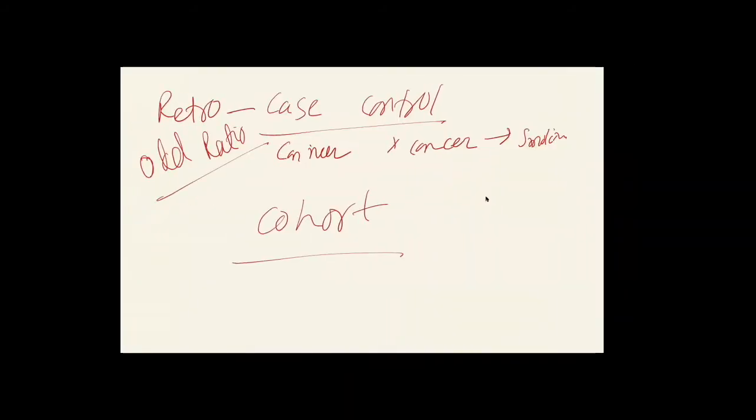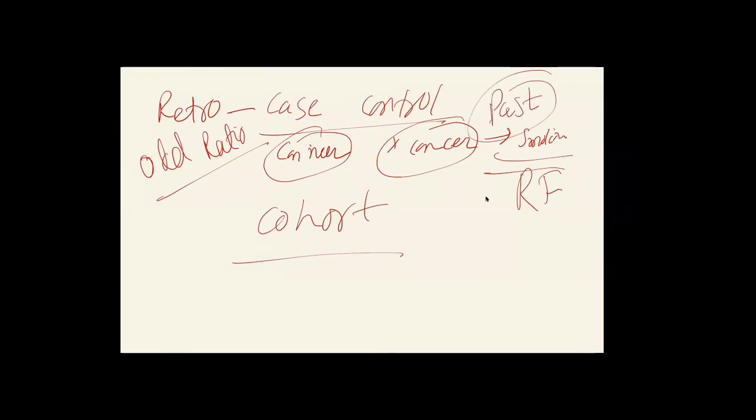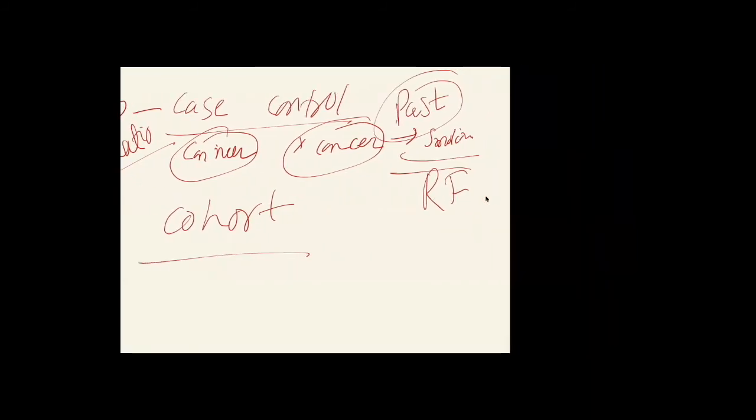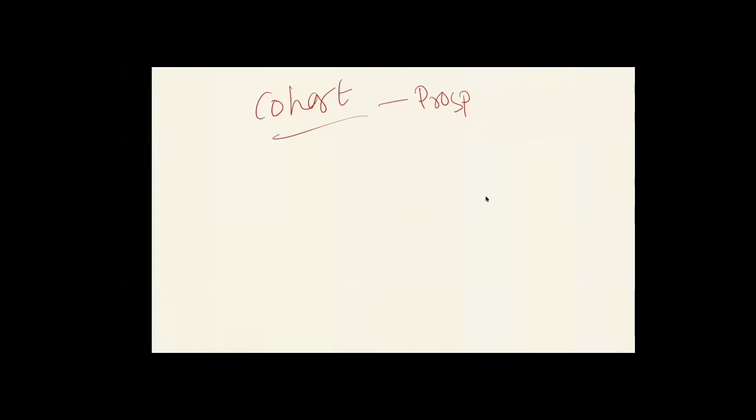Here we chose cancer versus no cancer and looked for the risk factor, smoking. The cohort is completely opposite. In case control we went to the past and took the record of the past. In the prospective cohort, we look at today.